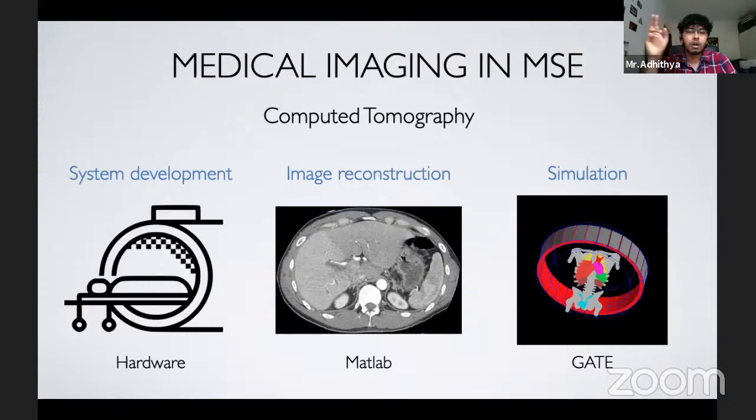So medical electronics, again, everything comes back to hardware and software. Everything from the patient table, because there is a lot of technology that also goes into the patient table in order to assess the respiratory motion.